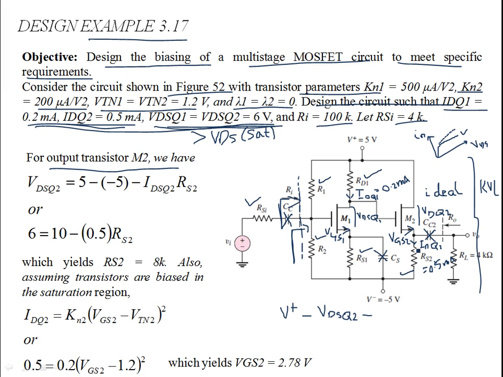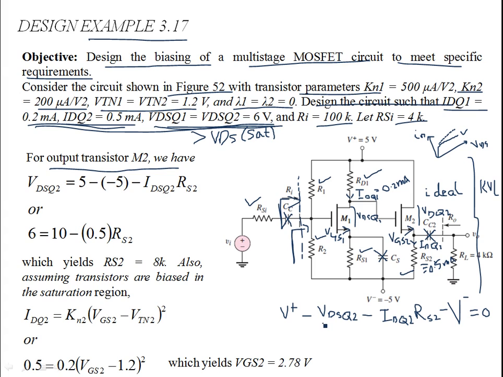There's a drop over here as well. So let's write this as minus IDQ2 times RS2. This resistor over here is RS2. Then minus V negative. You have to add these voltages up, and this sum should be equal to 0.